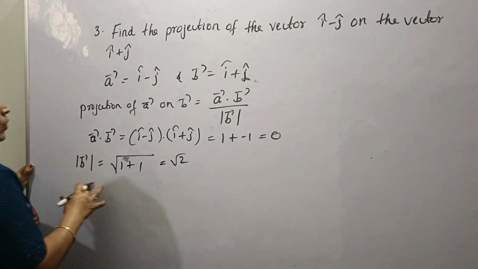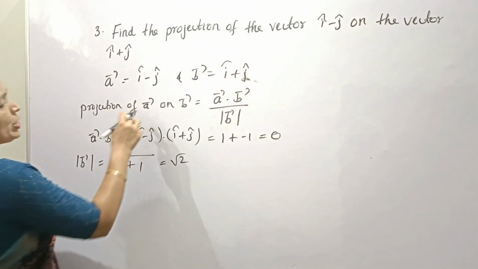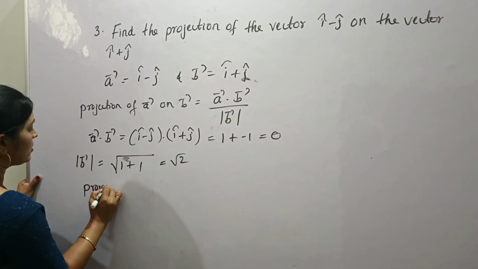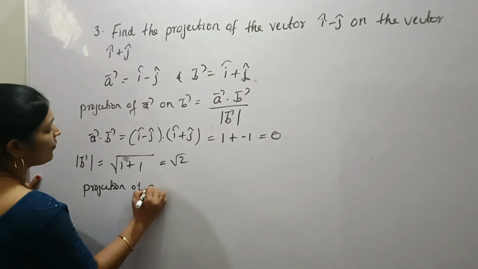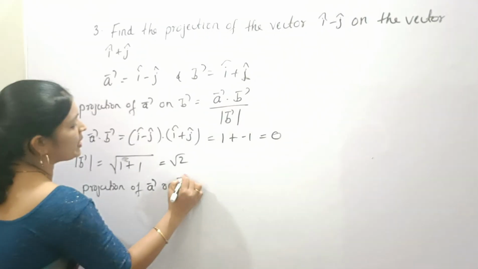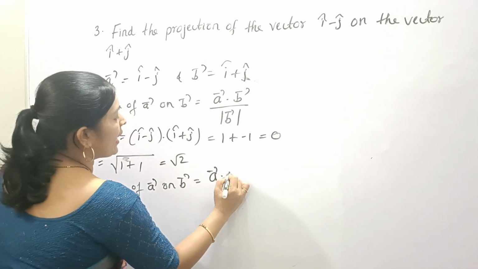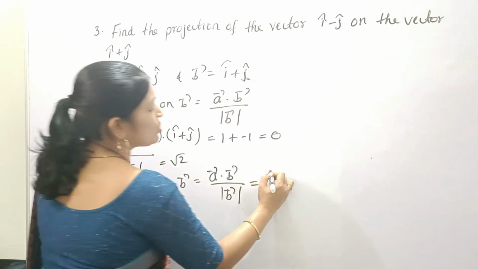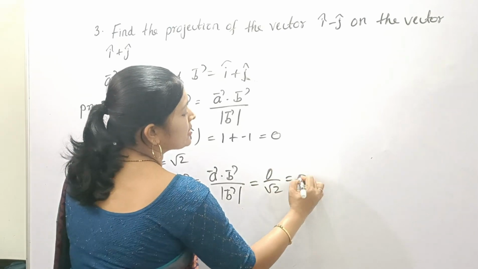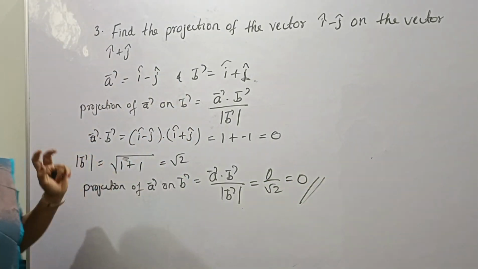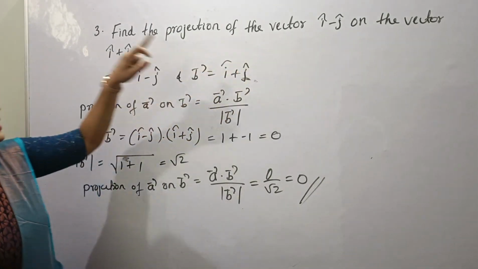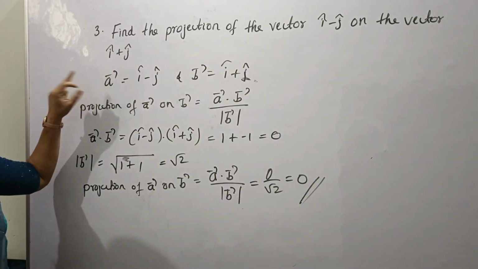Now we will find the projection of vector A on vector B. So projection of vector A on vector B is equal to vector A dot vector B divided by modulus of vector B, that is equal to 0 divided by root 2, that is equal to 0. So the projection of vector i minus j on the vector i plus j is 0.